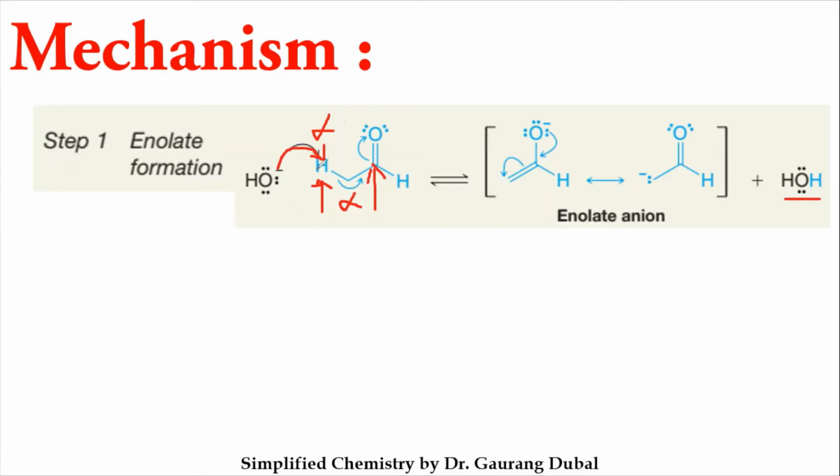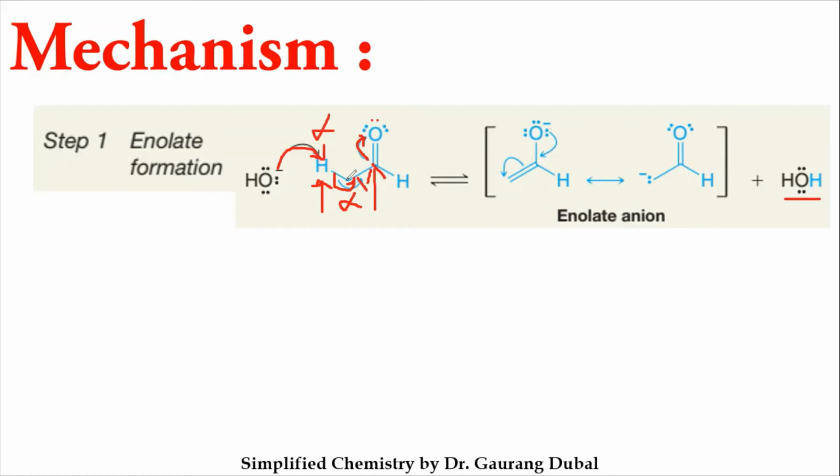Why? Because the H goes with the OH minus, right? After that, the electron will be shifted toward this carbon, and this carbon will become negative. But here the carbonyl will have an inductive effect, and the electron will be shifted toward the oxygen. Oxygen will now get more electron and it will get a negative charge.